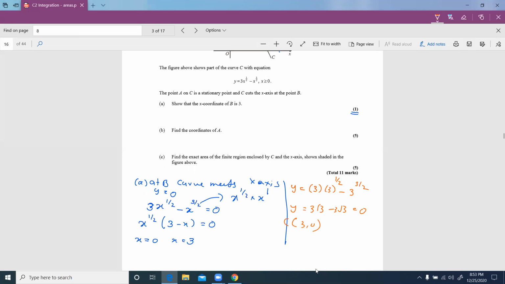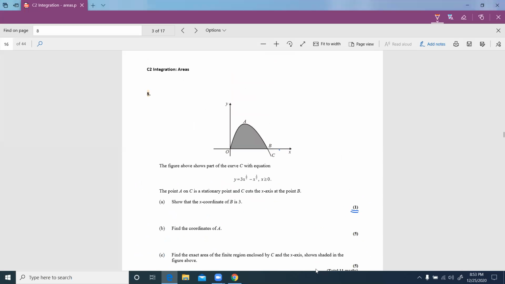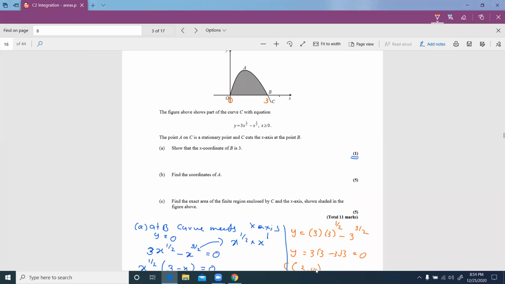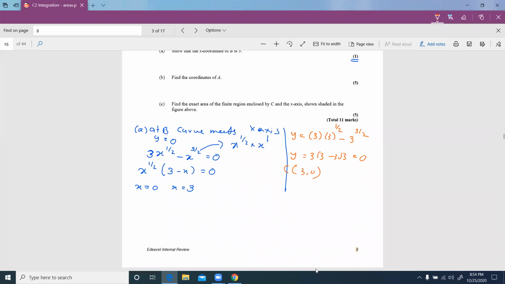Okay. So anyway, the important fact we have to understand here is that here the x coordinate is 3 and here the x coordinate is 0. That is important for us. Find the coordinate of A. You can say that A is a stationary point. That is a point that is important for this question. At A, dy by dx is equal to 0.